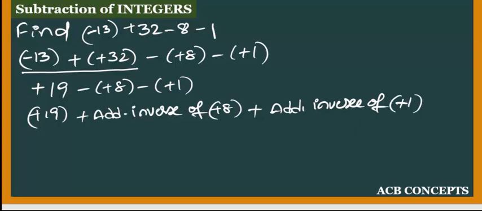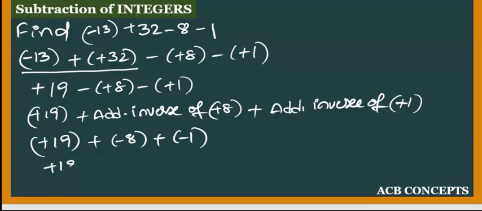Now write plus 19, minus 8, minus 1. These two integers have the same sign, so put that sign and add the two numbers: 8 plus 1 is 9. These two integers are different in sign, so put the sign of the bigger number, that is plus, and write the difference, 19 minus 9 is 10. This is the answer.